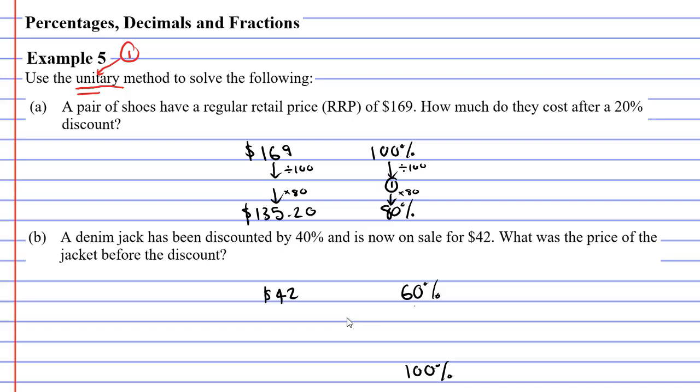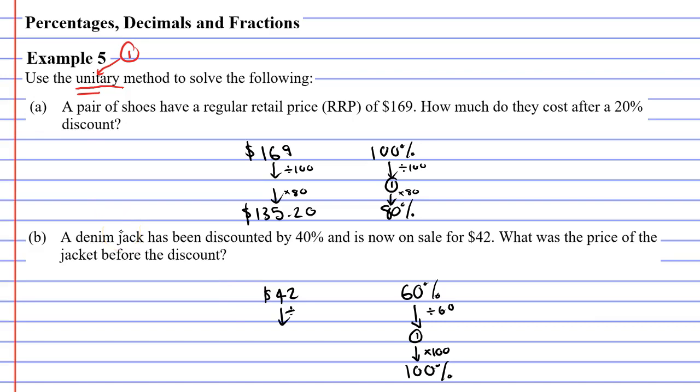So using the unitary method, I convert it to the number 1 first, and then go to 100%. To do that, I divide by 60, because dividing 60% by 60 takes me to 1, that unit of 1. And then I times by 100 to reach 100%. And I just do the same to the $42.